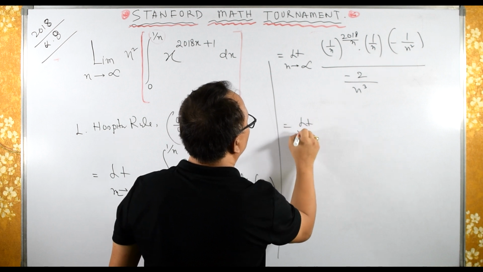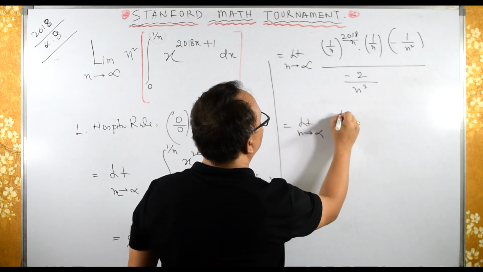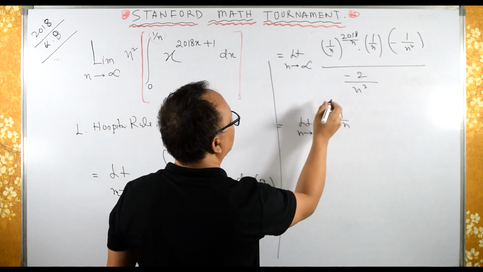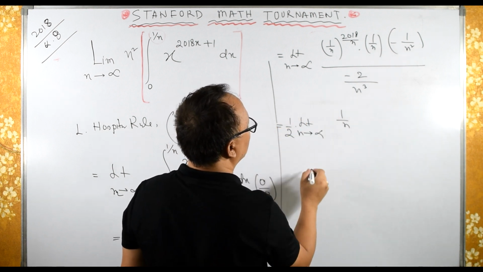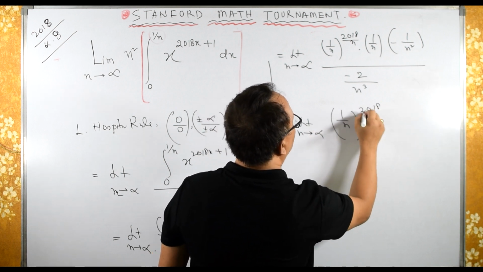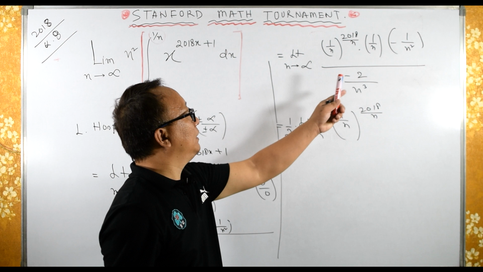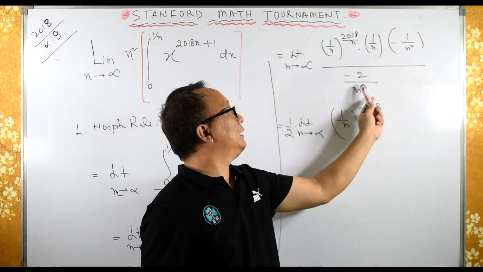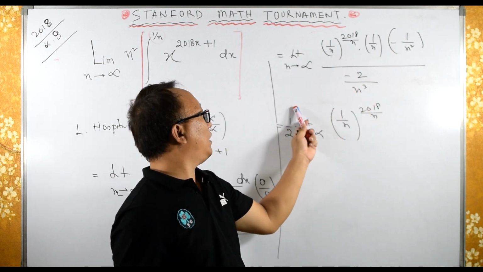Limit of n tends to infinity, what we have is 1 by n. The 1 by 2 I can take outside, and 2018 upon n. The n and n square, n cube, would cancel, minus minus cancels, and half is over here.